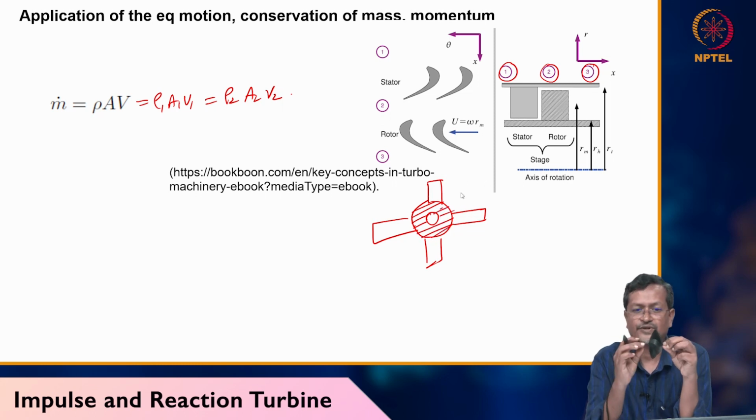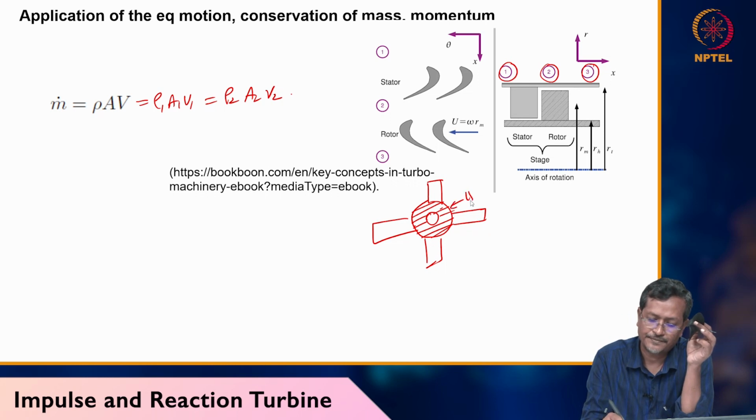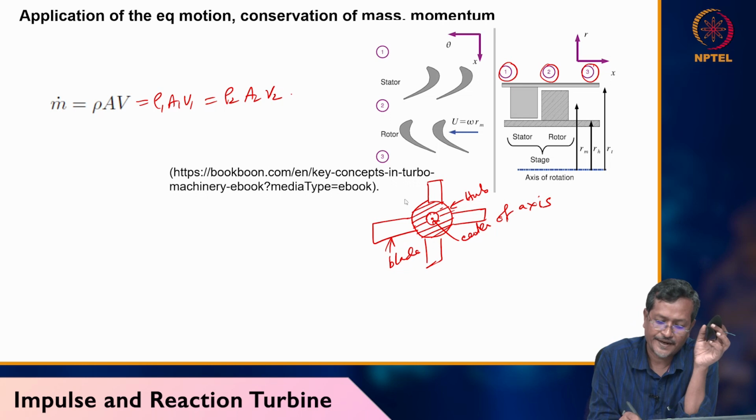So blades are placed on the hub. This is my hub and the blade is placed on the hub. So this is the hub and this is the center of axis, or axis only, and this is a blade. This is the blade height.